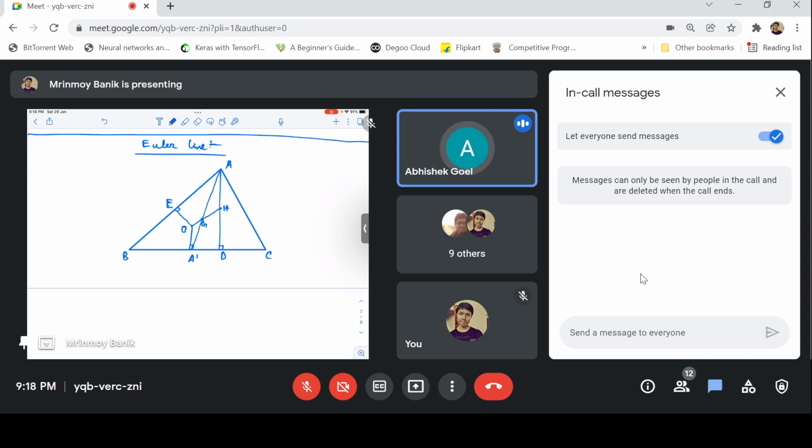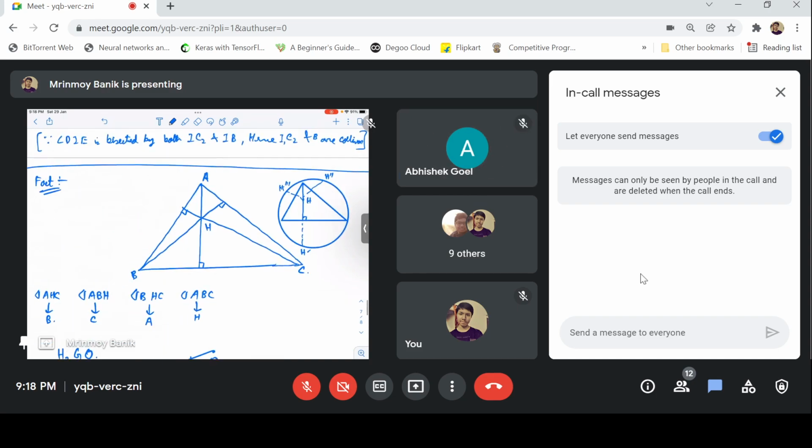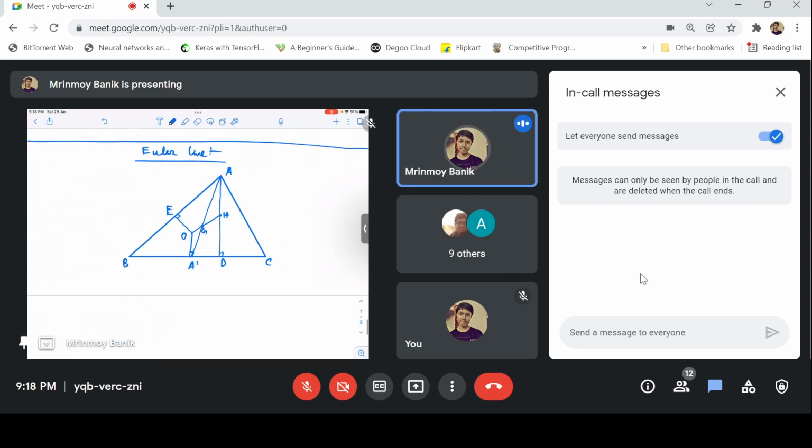Do we have to prove that reflection property you stated earlier, or can we use it as a fact? Yeah, we will prove everything. Just a minute. First I have to prove they are collinear, right? Okay.